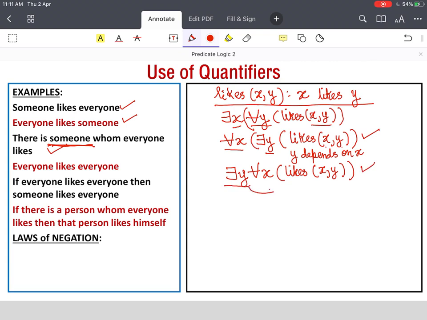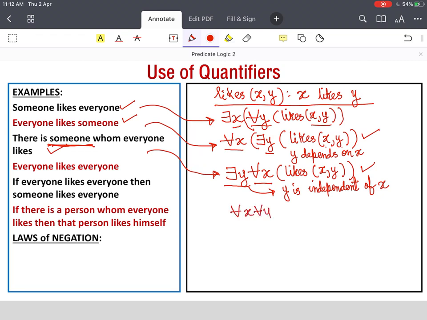This one says there is some y, and this y is independent of x. So there is some y such that for every x, x likes y. So this is the difference between them.